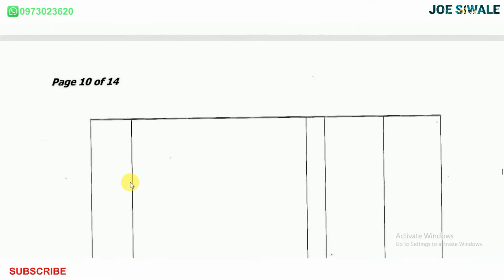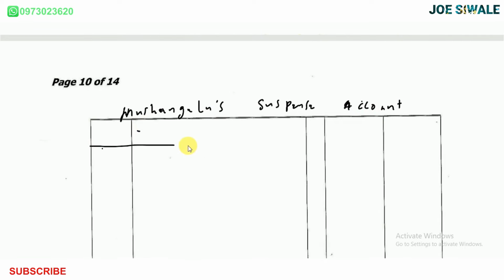Let us put our title there. The title is Mushangelu's suspense account, and let us draw our format. In the first column, we're going to have date, second column details, third column folio.